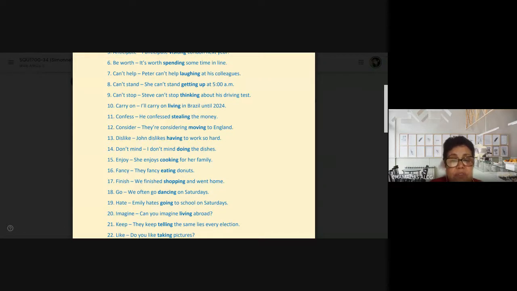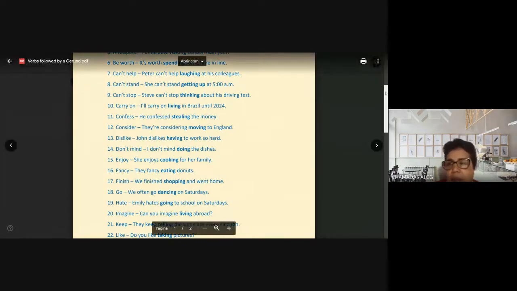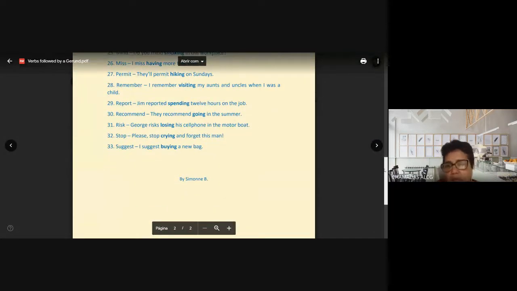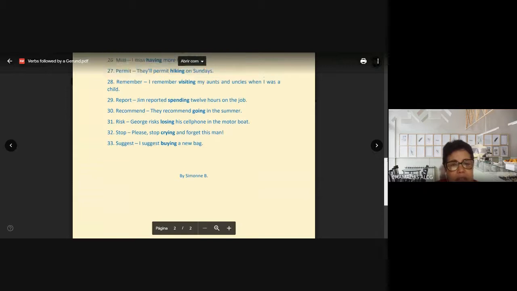So after these verbs, we need to transform the verb if we use a verb after them, right? And then this verb has to get the suffix ing. All right, people. And it happens to all these verbs here plus some others, right?